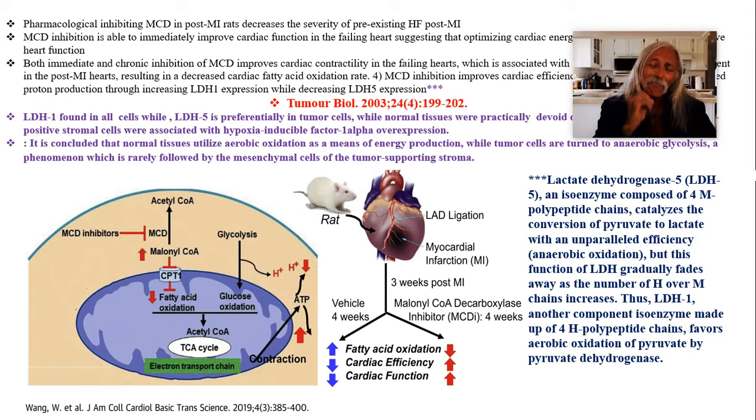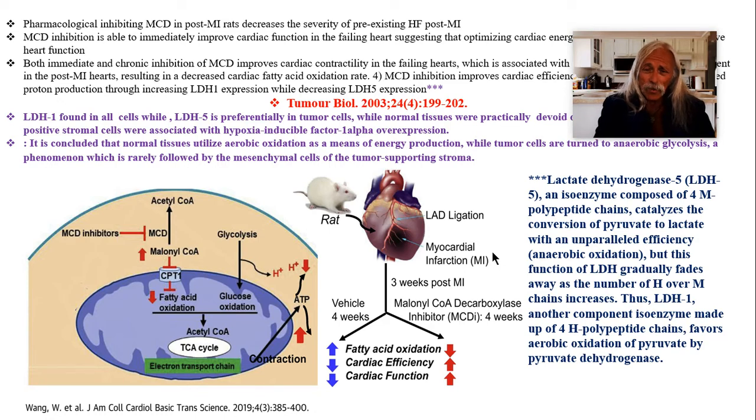So take a look at this. So you've got this LAD ligation. We just saw what that was, remember? I just explained that to you. Here's the rat heart. You induce a myocardial infarction, which is, of course, from an ischemic response. And then 3 weeks after that, now you're looking at the appropriate effects on the heart and the heart's ability to continue to function correctly.